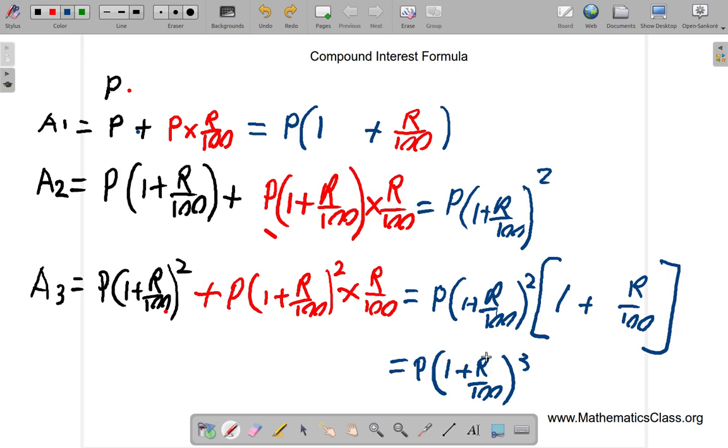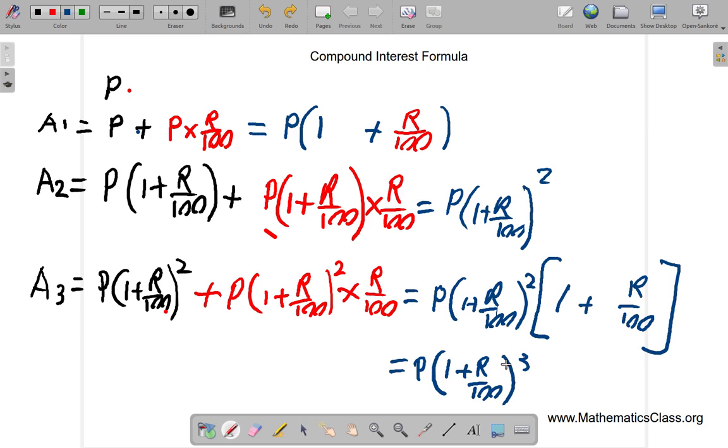Now, if you continue this to find how much money you have upon your fourth payment, it is going to be P times 1 plus r over 100 to the power of 4. After your fifth payment, it is going to be P times 1 plus r over 100 to the power of 5. After your sixth interest payment, it is going to be P times 1 plus r over 100 to the power of 6.